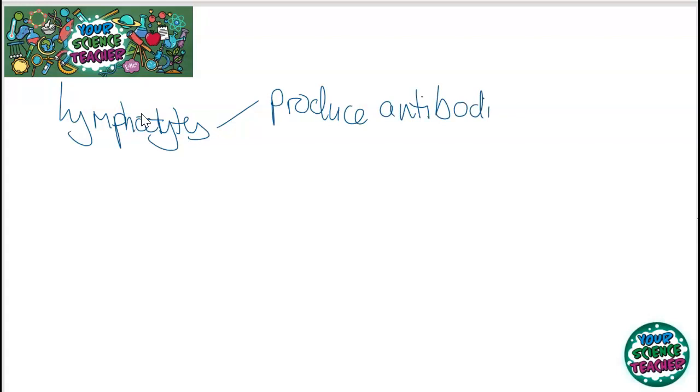The lymphocytes are basically like the police of our body. When there is a foreign object detected, they will rush to the scene of the crime and they produce antibodies specific to the virus or bacteria that has infected you, and they also produce antitoxins as well.